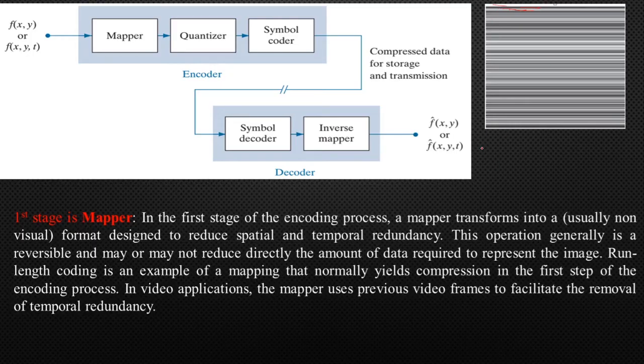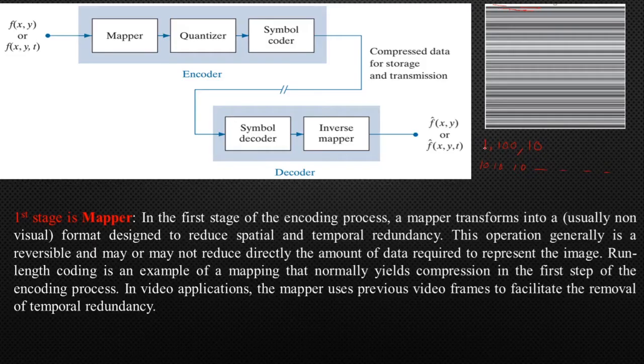Suppose in this example, pixels 1 to 100 have the same intensity level, that is 10. Instead of representing all these 100 pixels as 10, 10, 10 like that, they can be represented by a particular format.